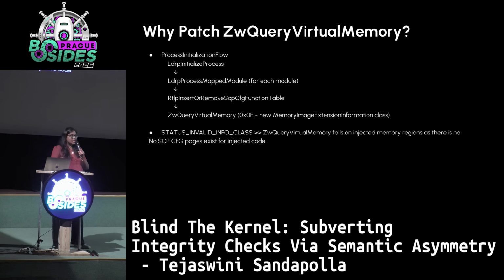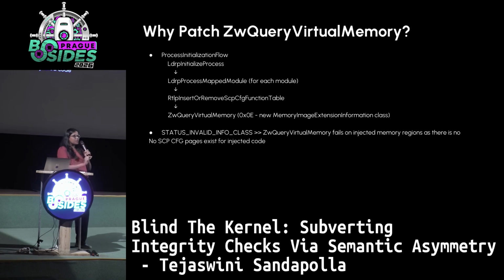How is this API failing and giving errors? Because this API internally calls query virtual memory with E, that means the memory image extension information class. So it is querying information E, and if it is querying the memory address where our payload is loaded, then this will give you an error, because you cannot make an SCP CFG function table for a MEM_PRIVATE region that doesn't physically exist.